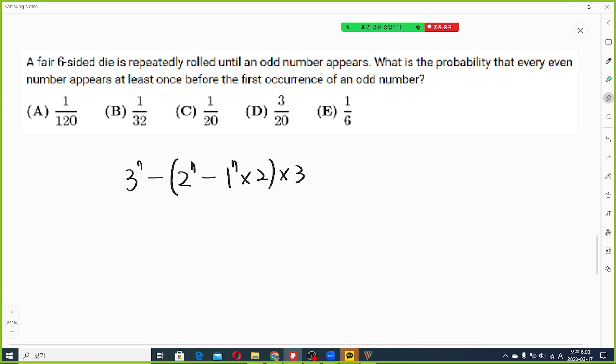And then we also need to subtract the case when only one number appears, so we subtract this 1 to the nth power. And because there are three even numbers, we also multiply by 3 here.